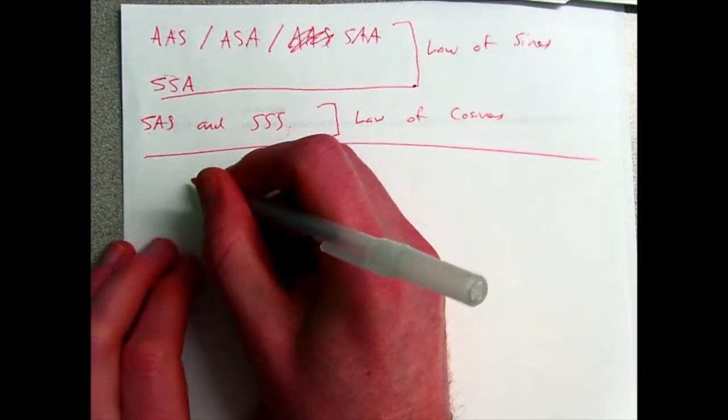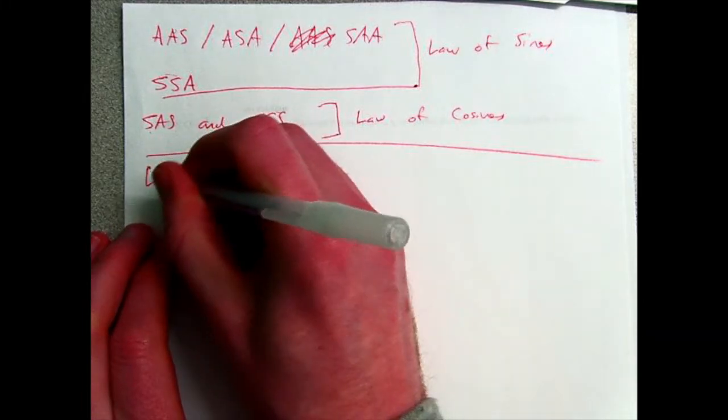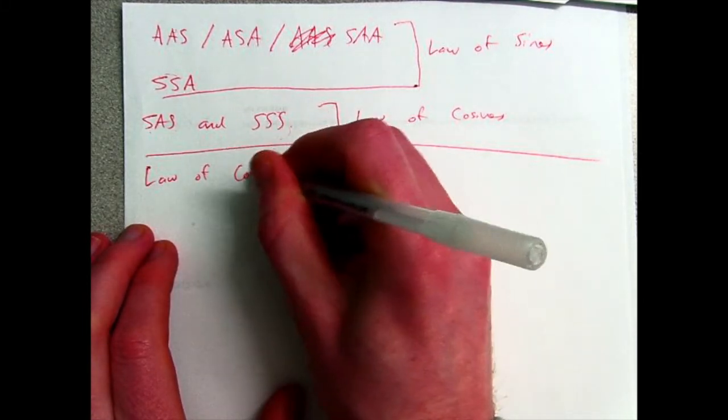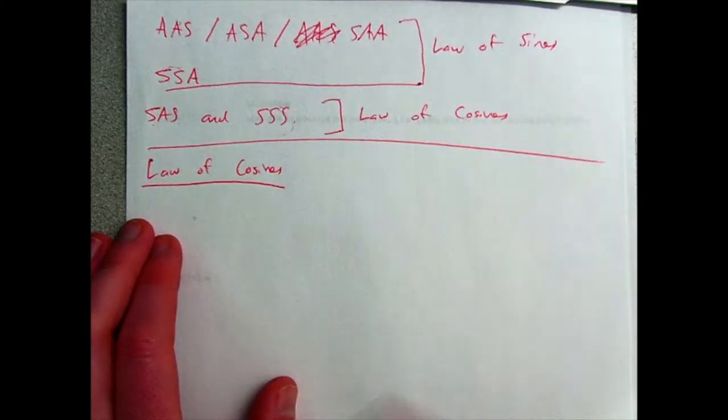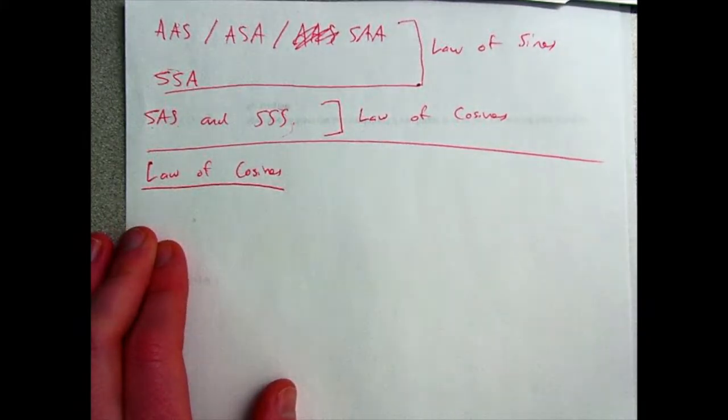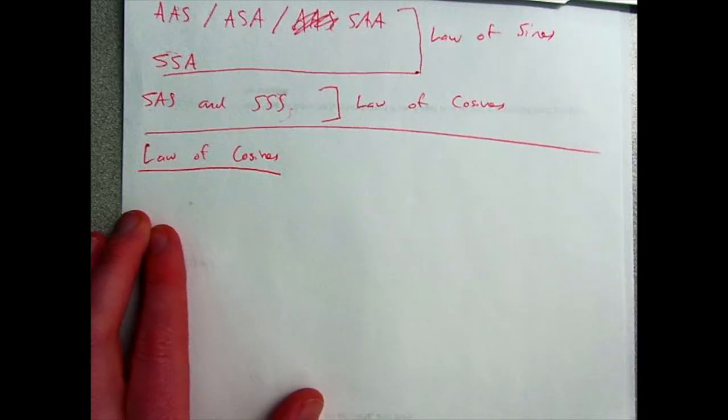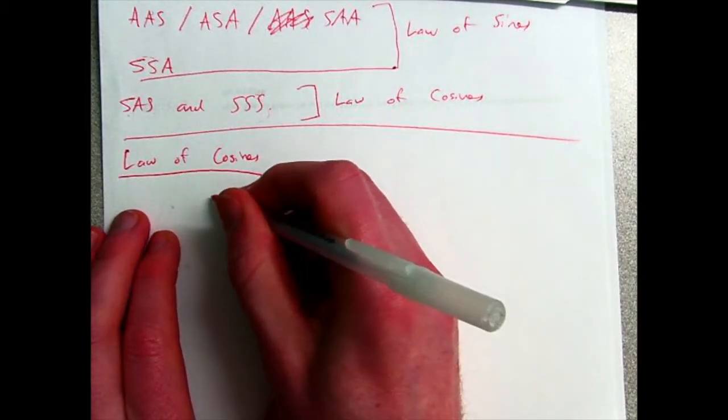So what does the law of cosines say? It's an equation that relates the sides of a triangle along with the angles of a triangle, and here's what it says.